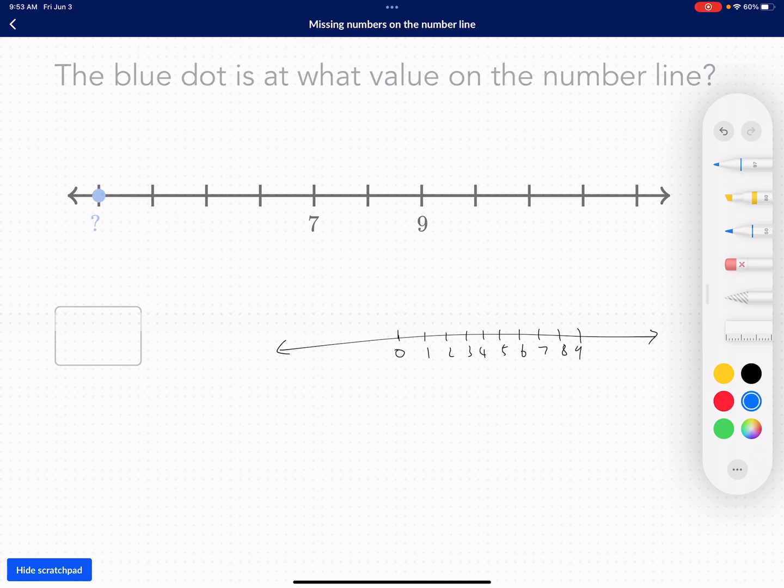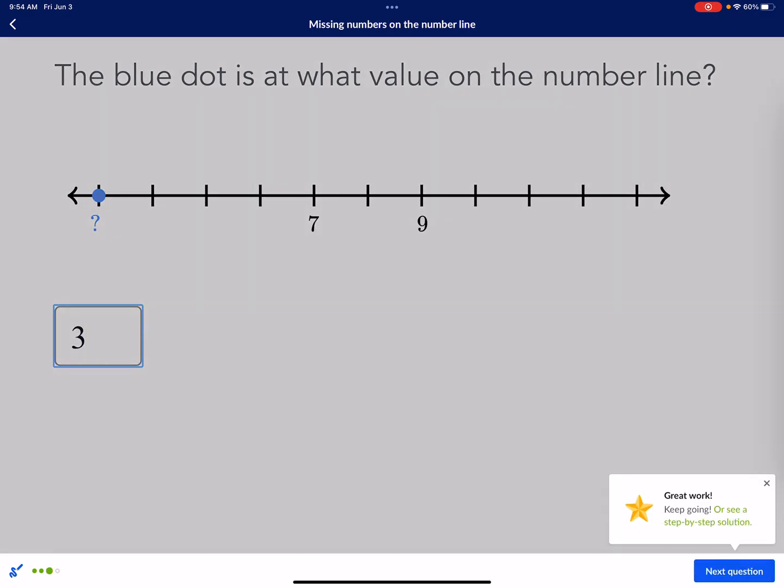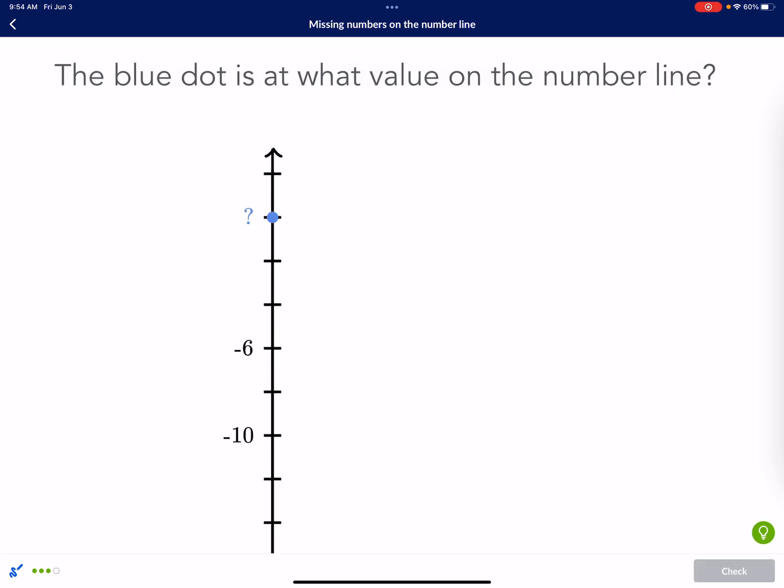And so that 9 is right there, and that 7 is right here. As you can see, we're just decreasing by 1. So 9, 8, so that's going to be 8. And then 7, 6, 5, 4, and my answer is going to be 3. So this is going to be 3 here. Let's go to the next question.